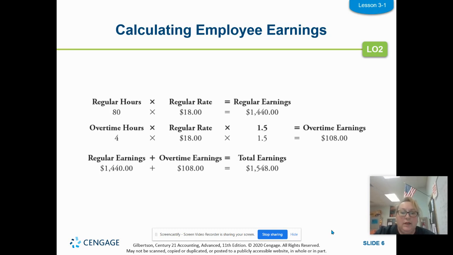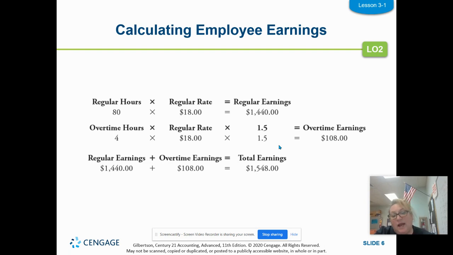Here is a reminder of how to calculate those wages. Hourly pay is the number of hours times the regular rate. If you're calculating overtime, it's your regular rate times 1.5, or your regular rate plus half of your regular rate. Our regular rate in this case is $18.